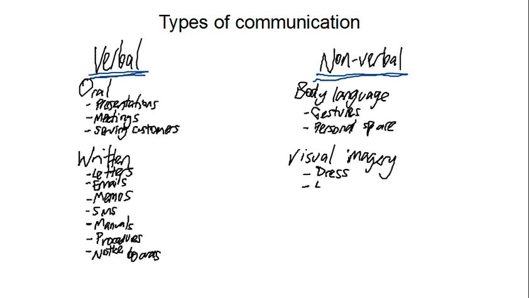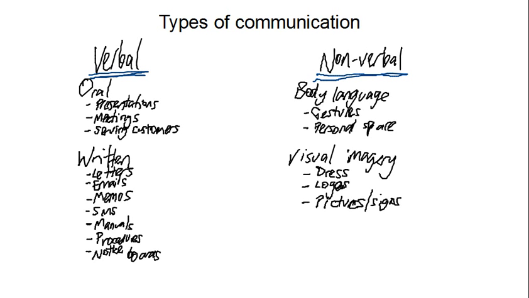The logo of your business is also a form of visual imagery. Is it a memorable logo? Is it clear and easy to read and to understand? Does it link to what your business does? And we also have other pictures that might be used. So you think about advertisements or signage in your business as well. So pictures and signs.